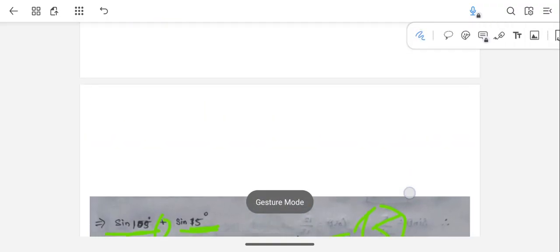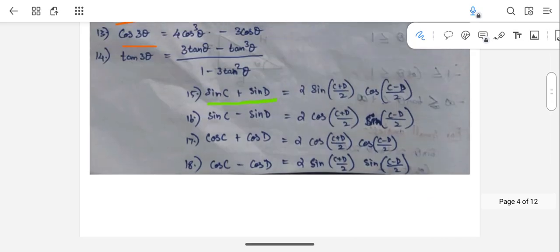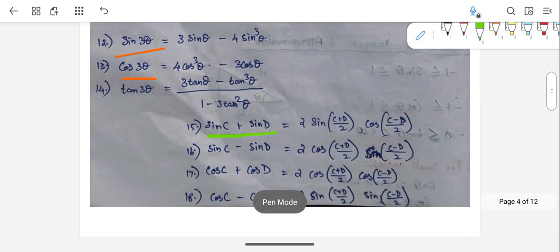So when you use this 15th formula, you should expand this as 2 sine (c plus d by 2) angle, degrees. This is about angles. In brackets I have written the angle.